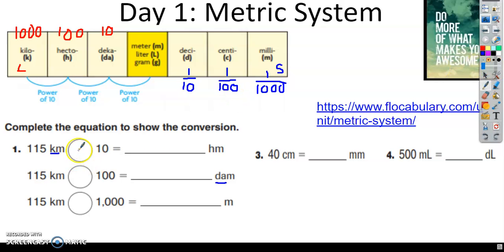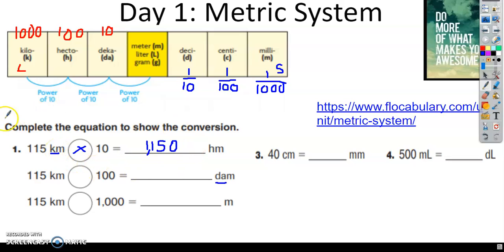If I'm multiplying by 10 here, that means my number of hectometers, 115 kilometers, is equal to, and this is just that pattern that you are all super familiar with, 1,150 hectometers. So if you had 1,150 hectometers, you would have 115 kilometers.